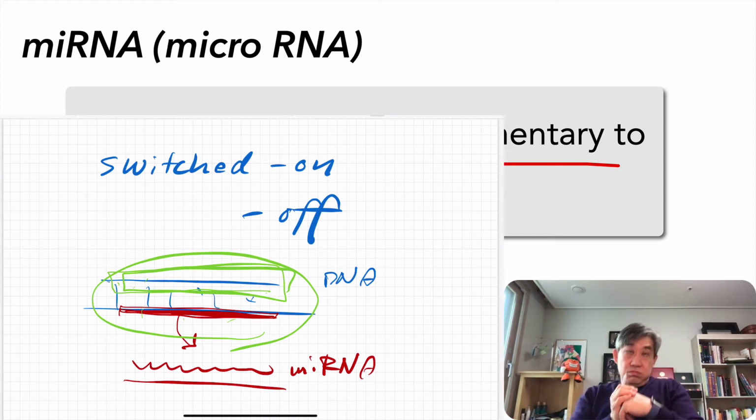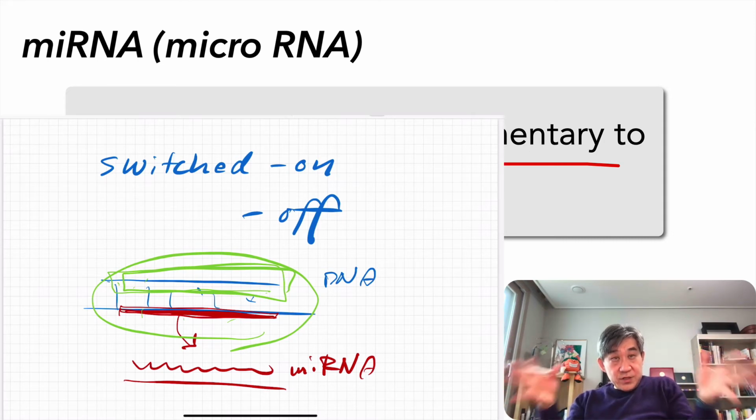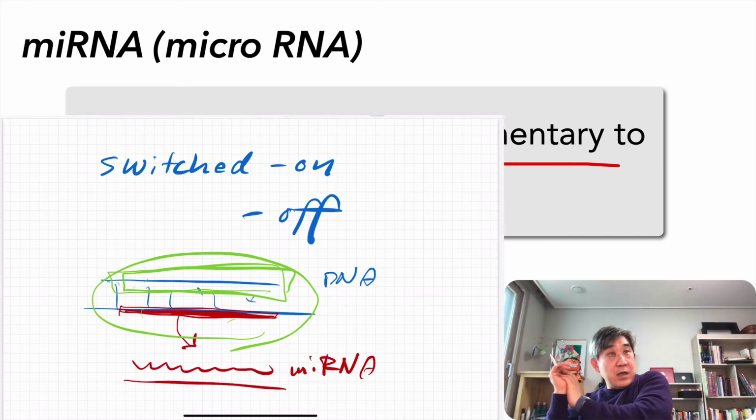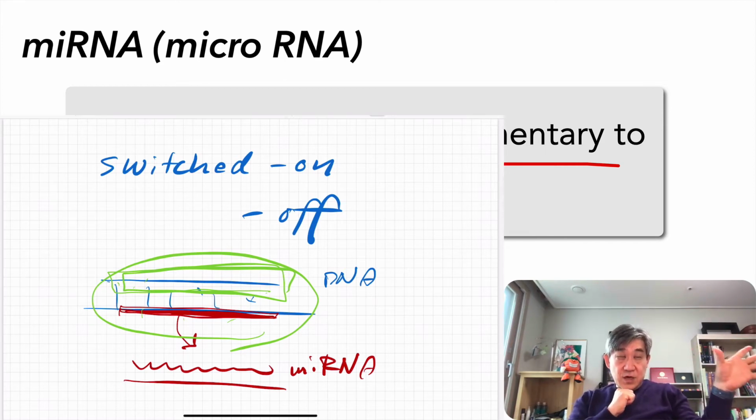So, oh, this region is very similar to the area that I used to know as a certain gene. That is the specific relationship between a given messenger RNA gene and this microRNA gene.